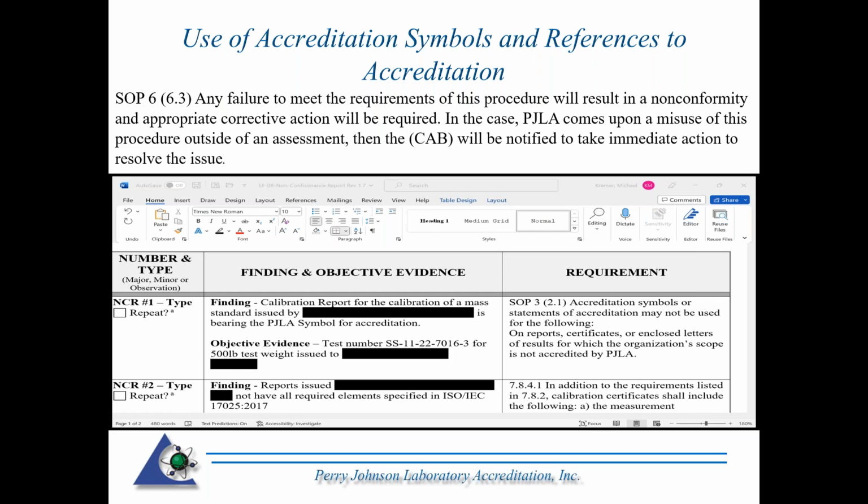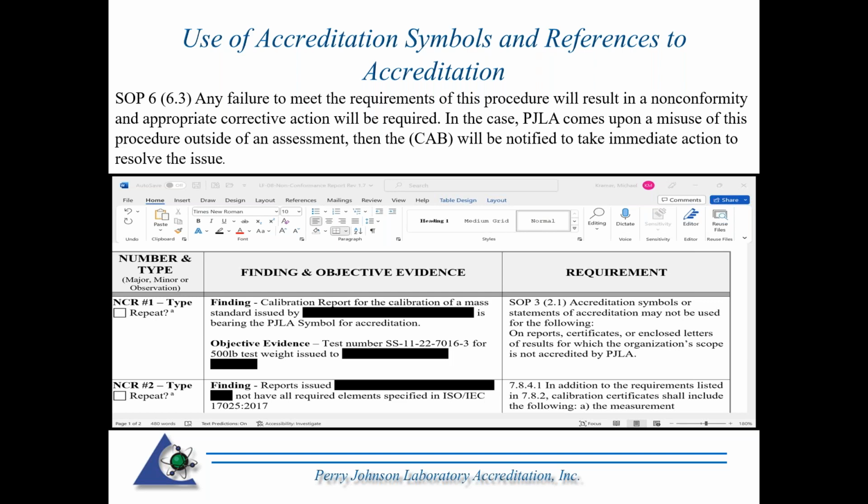So what I have here are just examples, and these are real examples. Like I mentioned, I do assessments, and I did find some within the last year that I've written in regards to non-conformances against SOP3. Under this particular one, with the name blanked out for confidentiality purposes, we had an example of an endorsed report that was referencing accreditation, or utilizing our symbol, for an area in which this organization was not accredited.